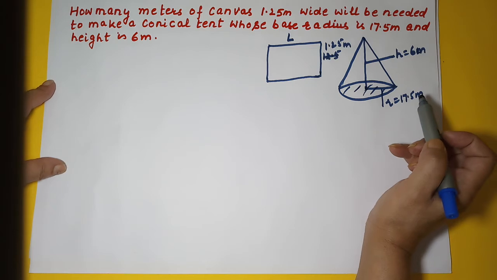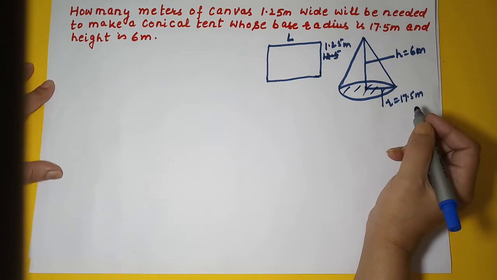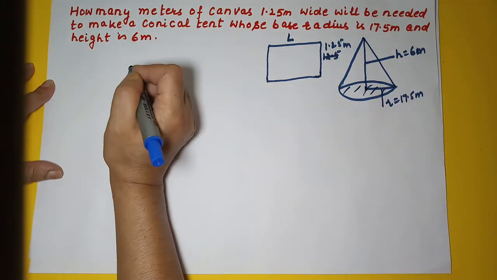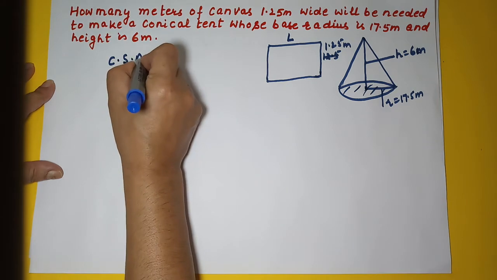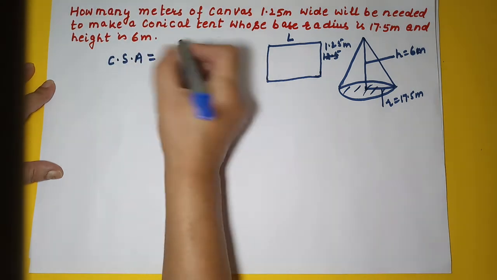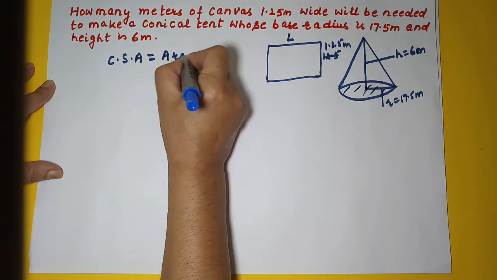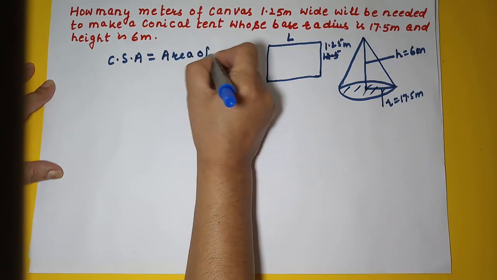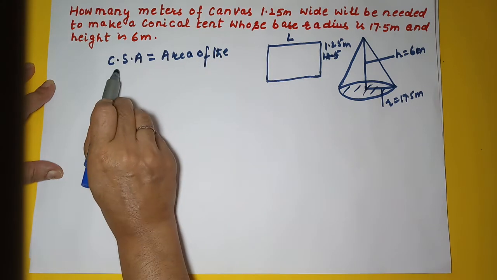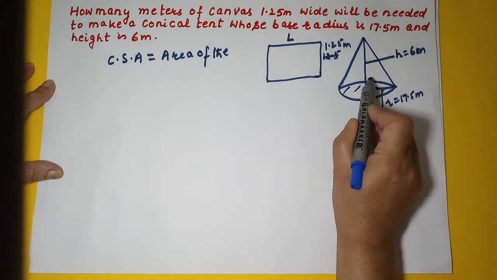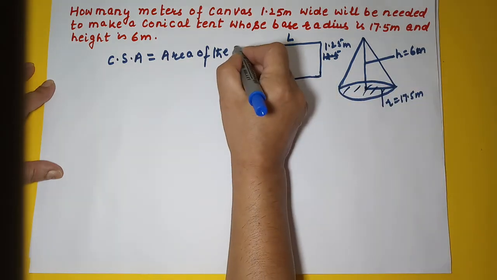So which area will we take into consideration? Obviously curved surface area, right? So we can say that the curved surface area of this tent will be equal to the area of the cloth, right?